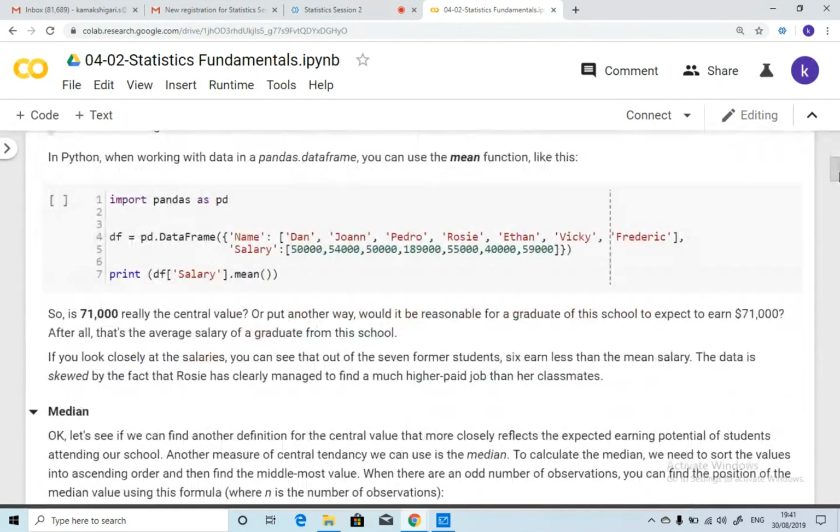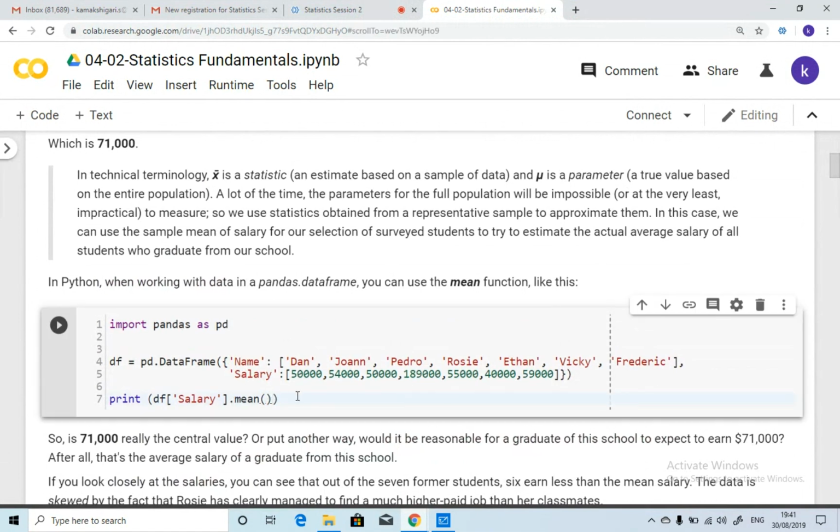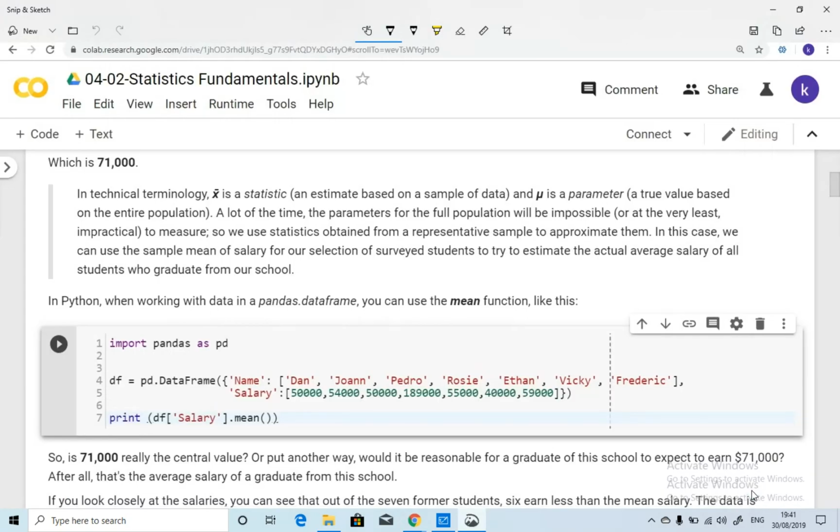Here, measures of central tendencies, right? Now I have a data frame here. In the given data frame, you could see 50,000, 54,000, 50,000, 55,000, 50,000, 50,000. This one observation is an outlier, right? Now let us see how this will impact.